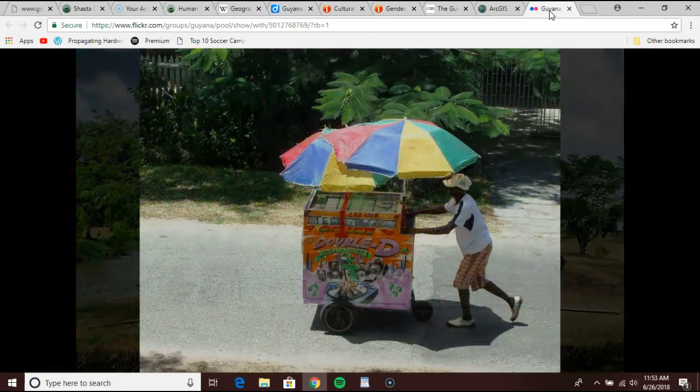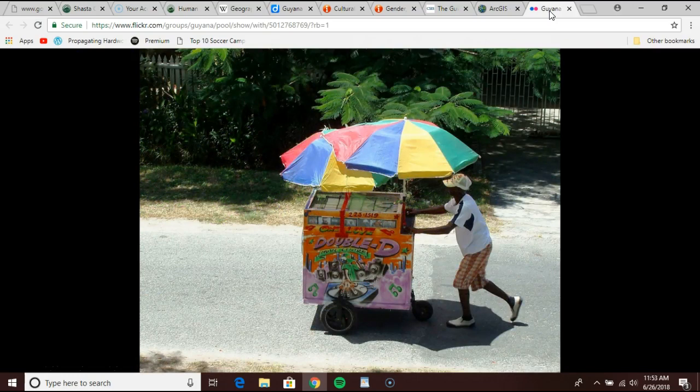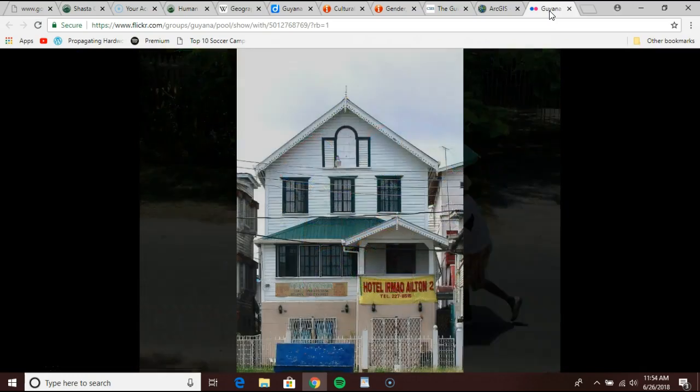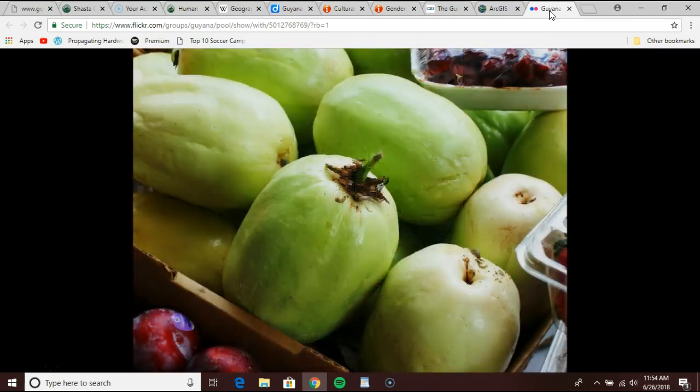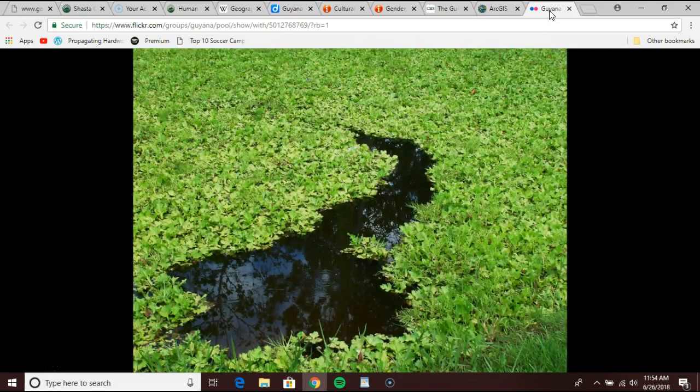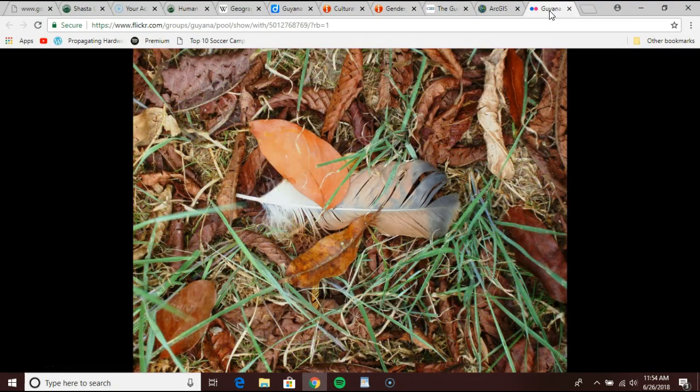There are many that live in the United States and elsewhere, and they in turn will send money back to Guyana in the form of remittances. Those remittances are important to the Guyanese economy and also connect Guyana to the global economy.